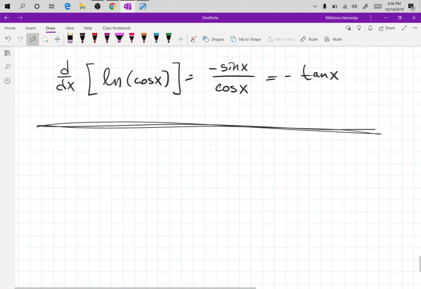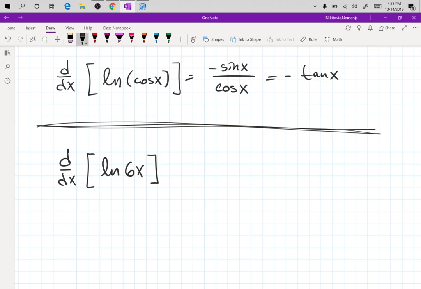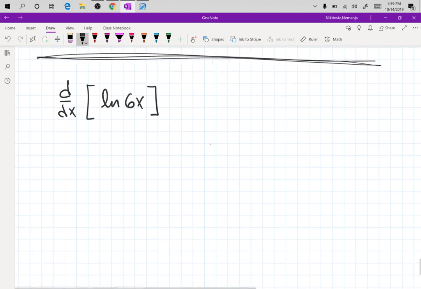To compute the derivative of ln, let's say 6x, which would lead you into ln of any number in front of x, what happens here? 1 over 6x times 6.